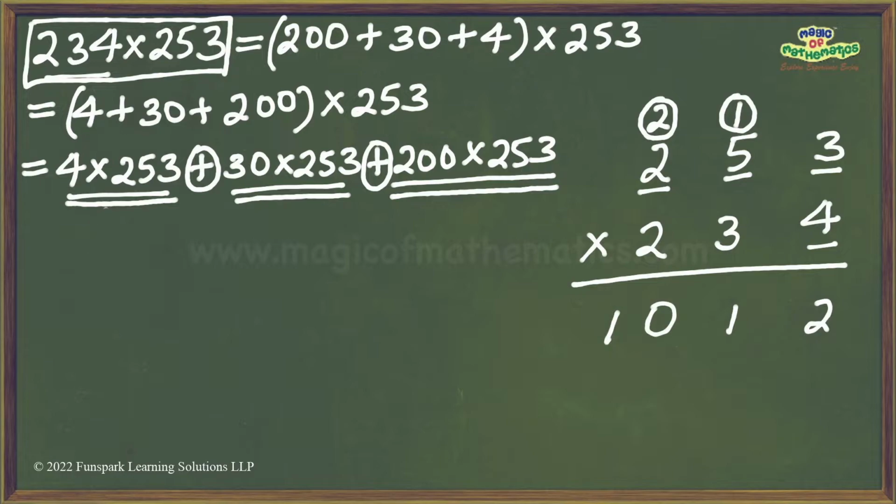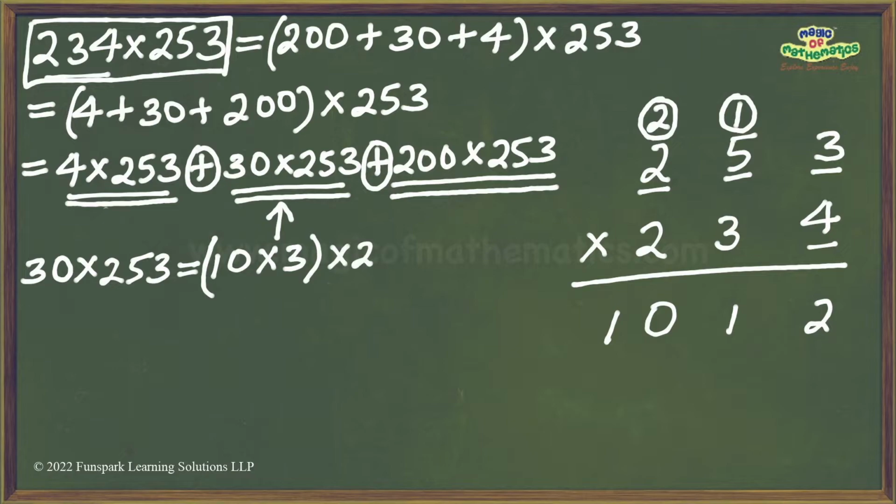I now need to find out what is 30 times 253. We know that multiplying any number by 10 simply shifts the digits of the number to the left by 1 place and the vacant units place gets populated with 0. Hence, 10 times 3 equals 30. So, 30 times 253 equals 10 times 3 times 253.